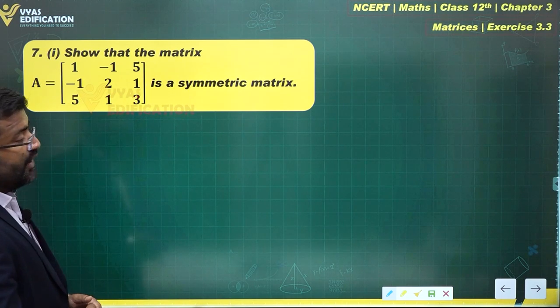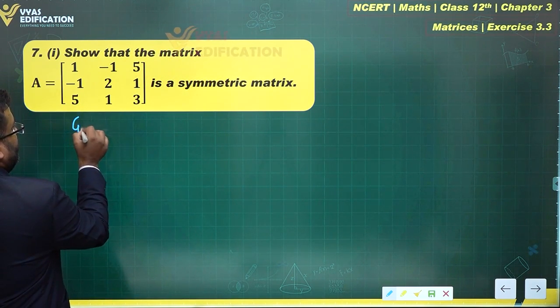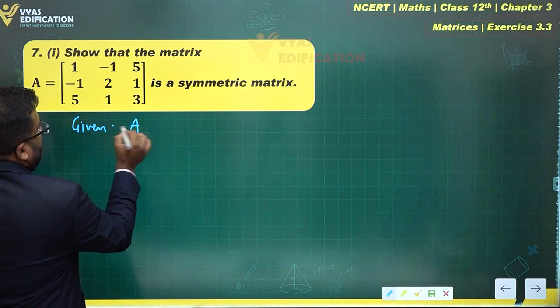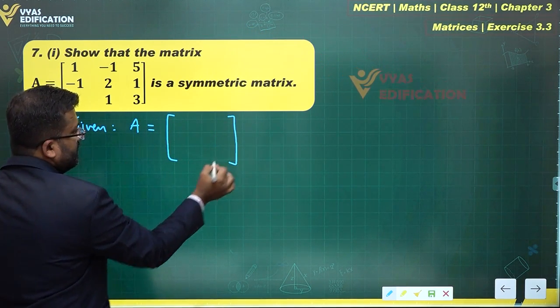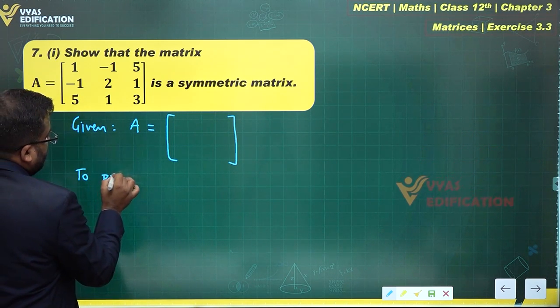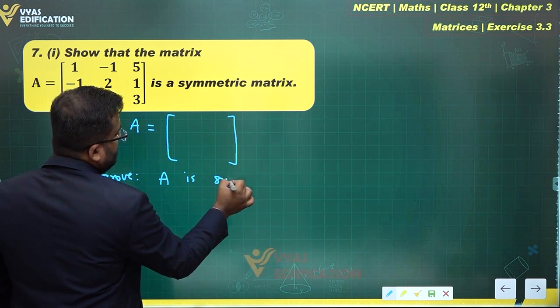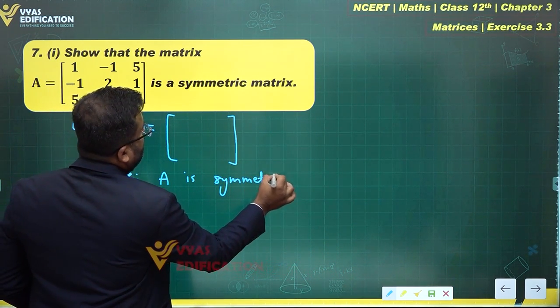So for showing that this is a symmetric matrix, given A equals this huge matrix over here, I'm not writing the matrix, we can always write that. To prove that A is a symmetric matrix, that is what we are supposed to prove.